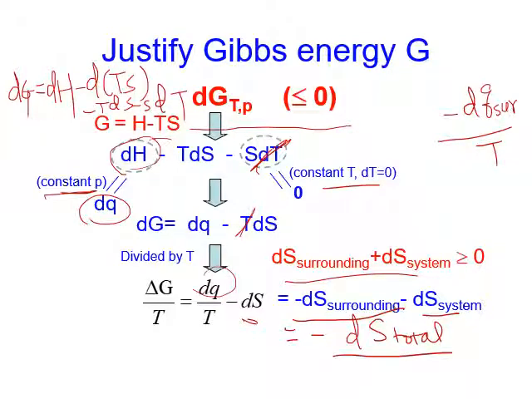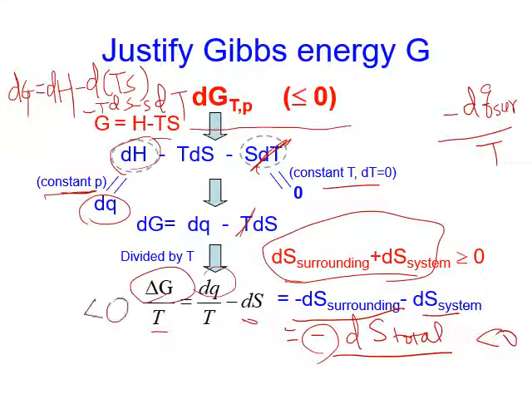Now, if the second law says the total entropy should increase, greater than 0, then the right side is less than 0 because of the negative sign. And because temperature is always positive, that indicates delta G must be less than 0, delta G decreases. So this proves that the second law entropy increase is equivalent to Gibbs energy decrease.